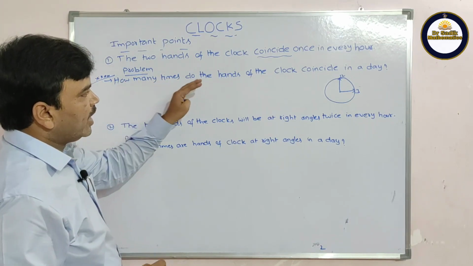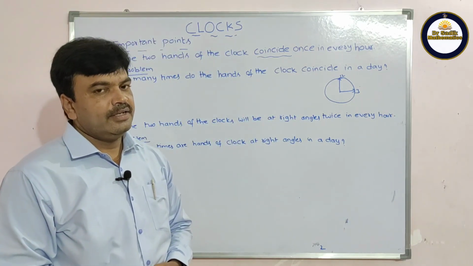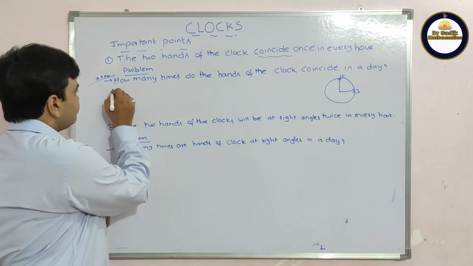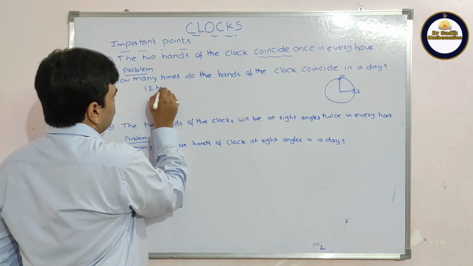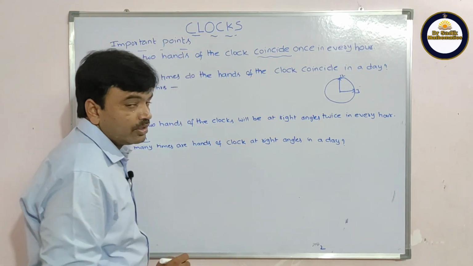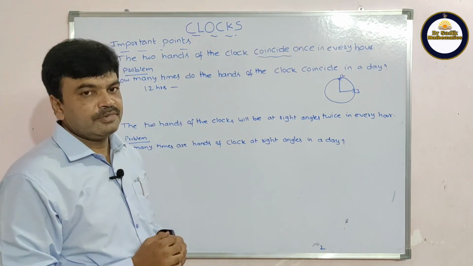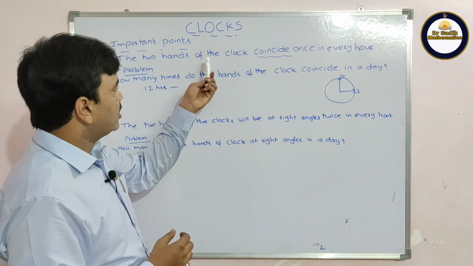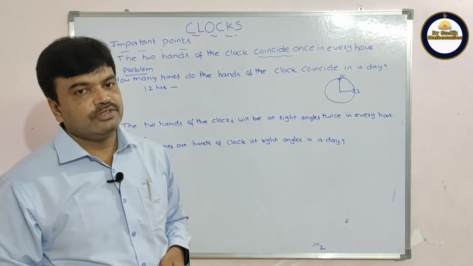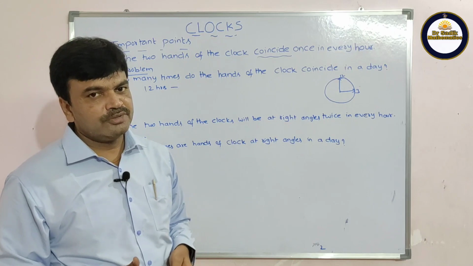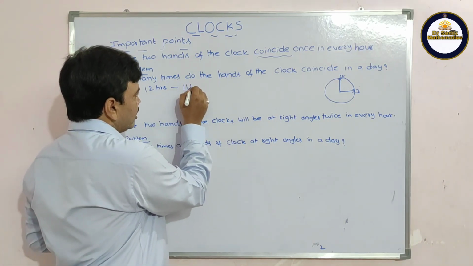How many times do the hands of the clock coincide in a day? Solution. How many hours, friends? 12 hours. How many times do they coincide, friends? Is it 12 times? What I am saying here is that the two hands of the clock coincide once in every hour. So 12 hours, 12 times? No, friends. In 12 hours, 11 times only.